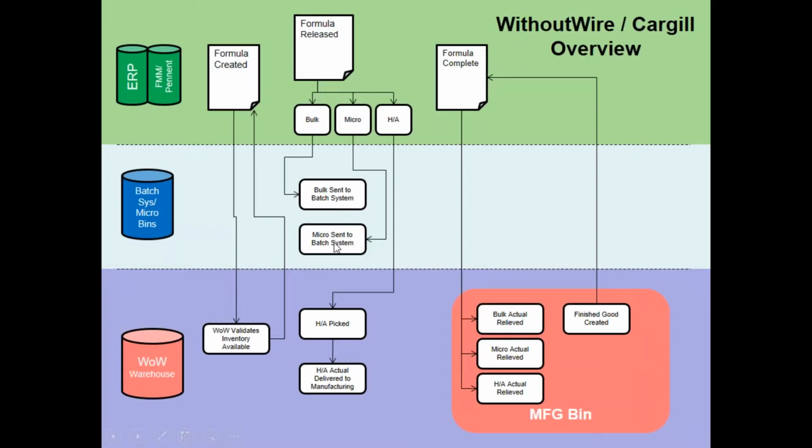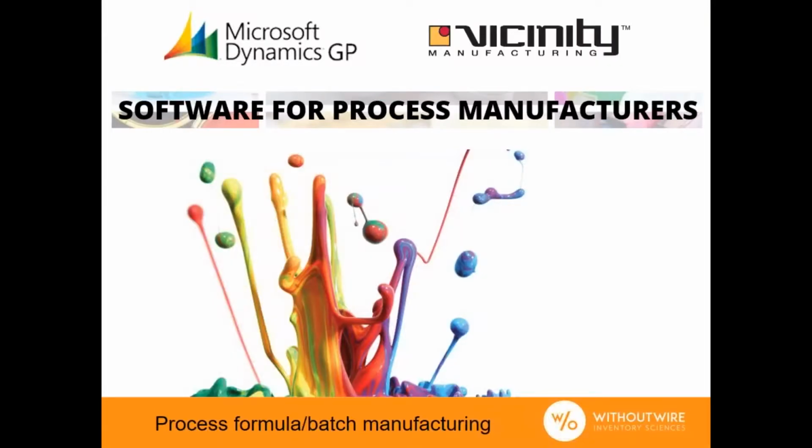And they come in a different time and sequence, and so that all has to be monitored very closely through the batching system. And finally, the hand adds are added, and to manufacturing, as a kind of a pick and ship through our system. And then when the formula is complete, creating it in our system and really the bulk, micro, and the hand adds. So I just wanted to comment on that to dive deeper with anyone on an individual basis.